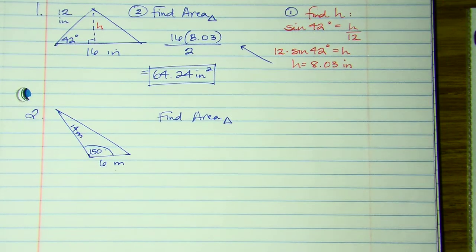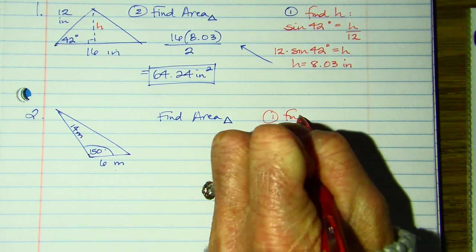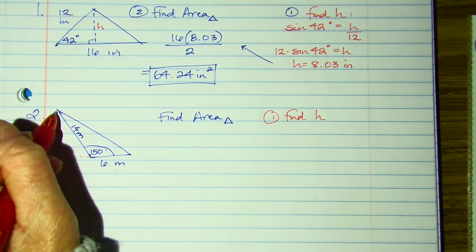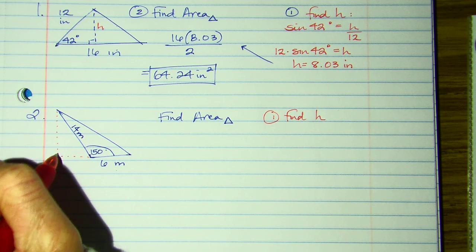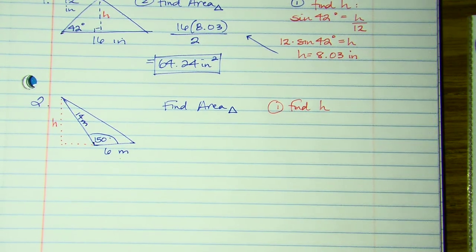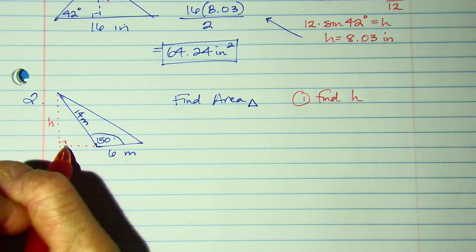So the first thing I need to do, step 1, is I need to find our height. And so it should be perpendicular. So the height of this triangle should actually be this here. And I'm going to go ahead and zoom in just a little bit.